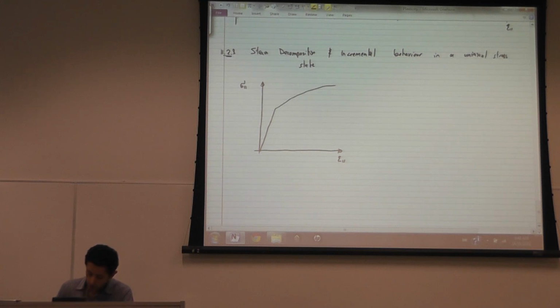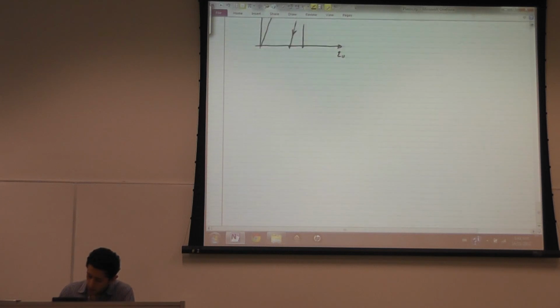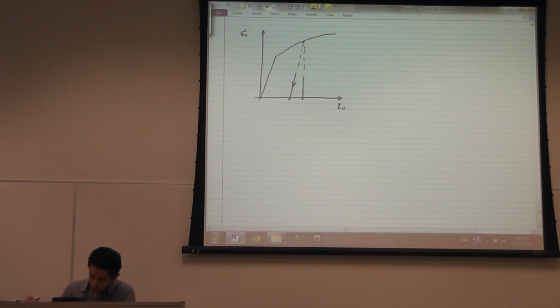At any point, we know that as we increase the stress, there are two components for the strain. This is epsilon 1 elastic, and this is epsilon 1 plastic.